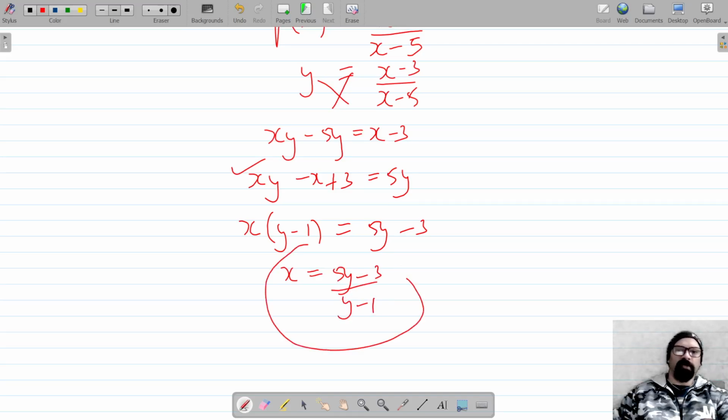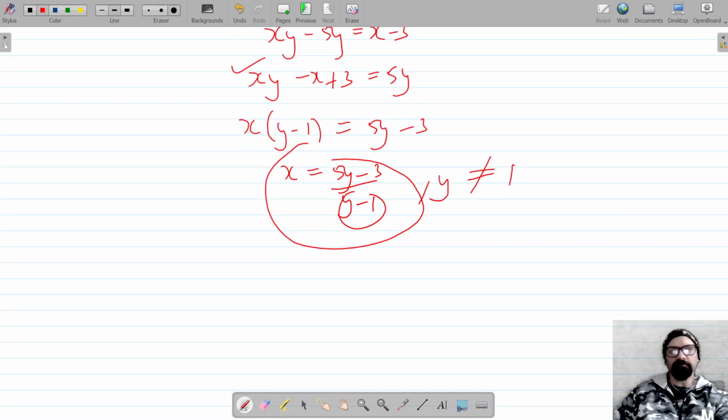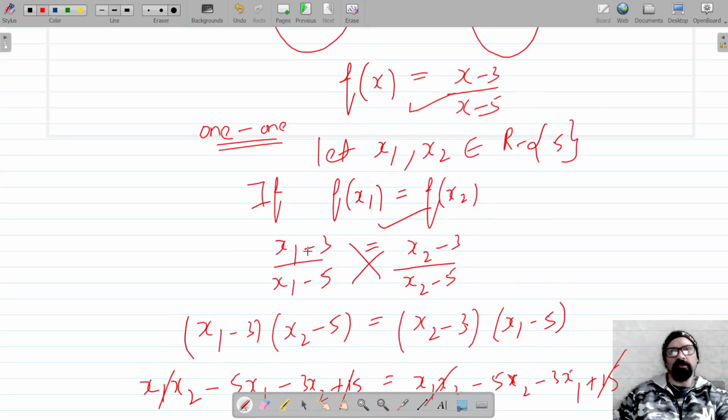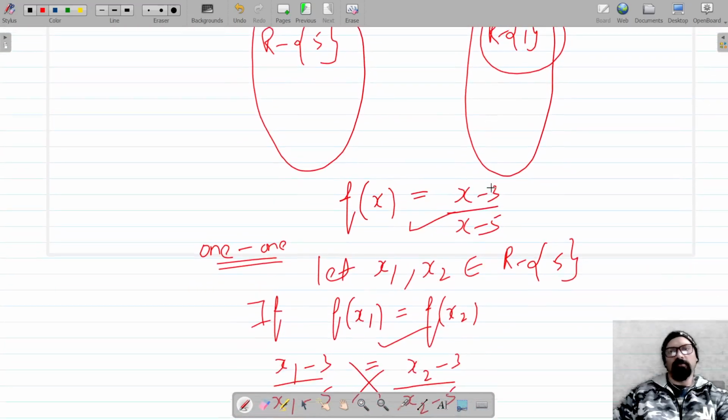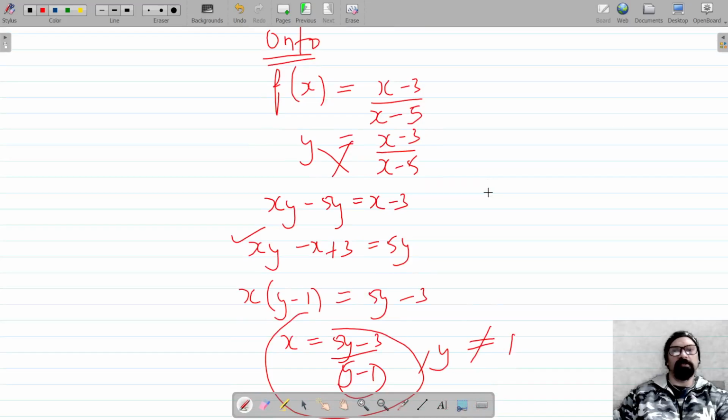Now this value is defined for every value of y except 1, because if we put y is equal to 1, the denominator becomes 0 and x becomes undefined. So that means for every y except 1, which is already given. So our codomain becomes the range.